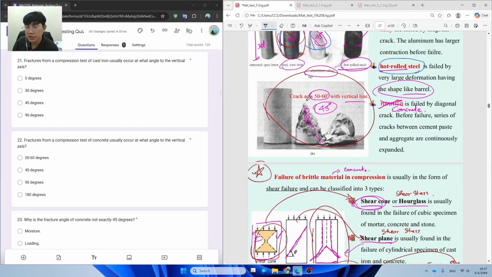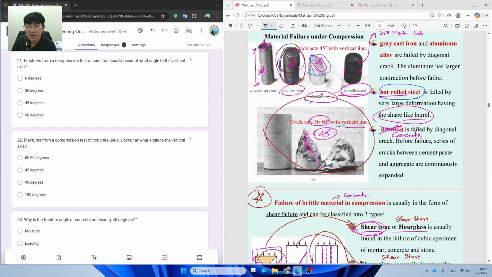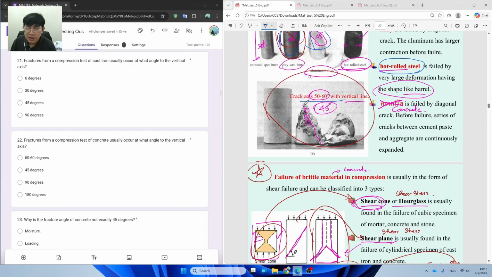But for the concrete, it's going to be a different story because we mix coarse aggregate with sand, or we call it fine aggregate, with the cement plus water and add the admixtures. And sometimes it's not going to fail like a homogeneous material such as cast iron or aluminum. Sometimes it fails by the mortar, and sometimes it fails by the aggregate itself.